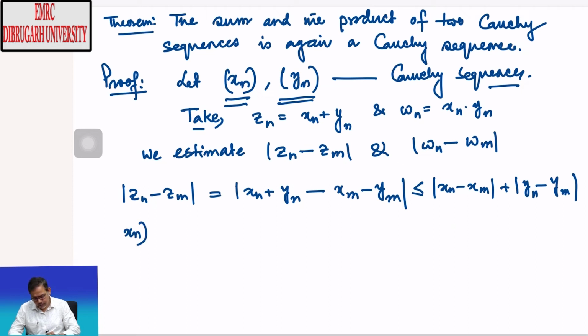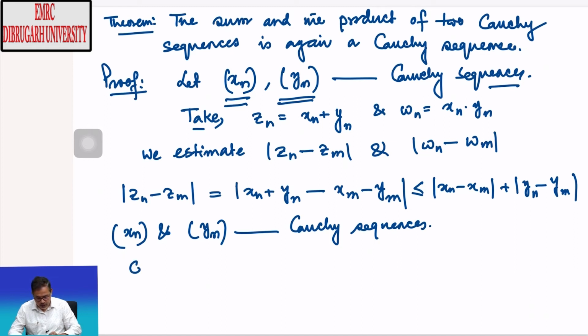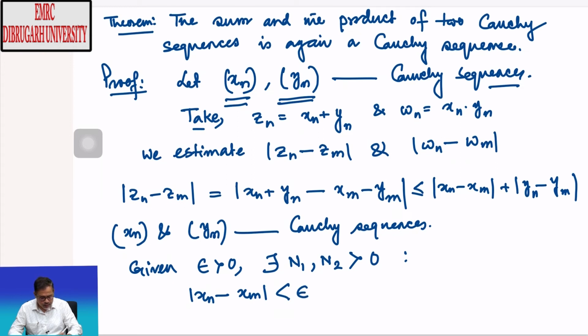Since x n and y n are Cauchy sequences, given epsilon greater than 0, there exist n 1 and n 2 greater than 0 such that x n minus x m is less than epsilon for all n greater than or equal to n 1, and y n minus y m is less than epsilon for all n greater than or equal to n 2.